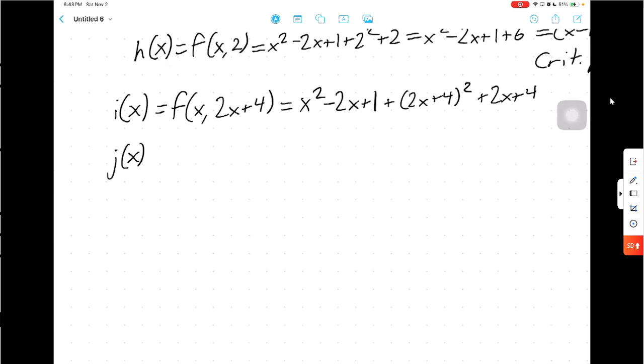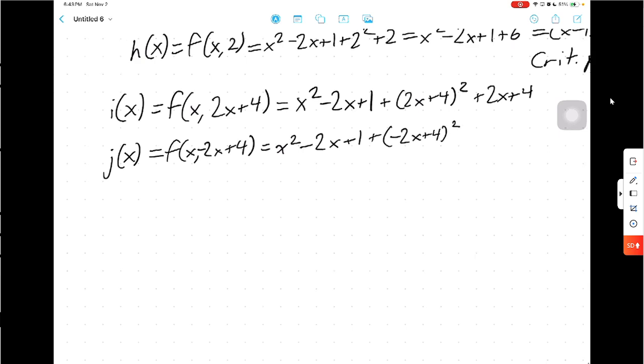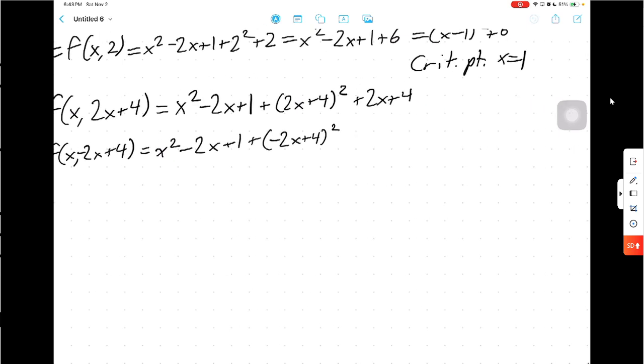There's a very similar j of x, but for a negative: x squared minus 2x plus 1 plus negative 2x plus 4 squared minus 2x plus 4.